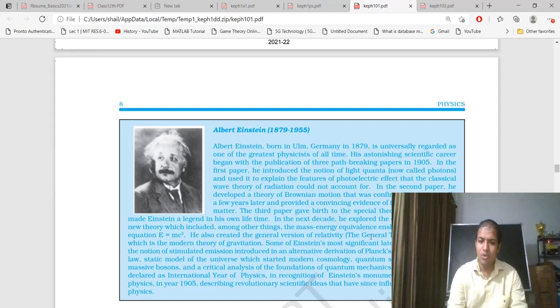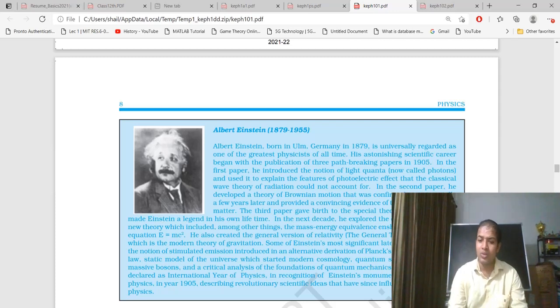Some of Einstein's most significant later contributions are the notion of stimulated emission introduced in an alternative derivation of Planck's blackbody radiation law, the static model of the universe which started modern cosmology, quantum statistics of a gas of massive bosons, and a critical analysis of the foundations of quantum mechanics.